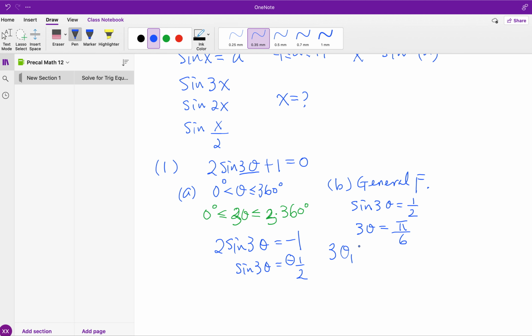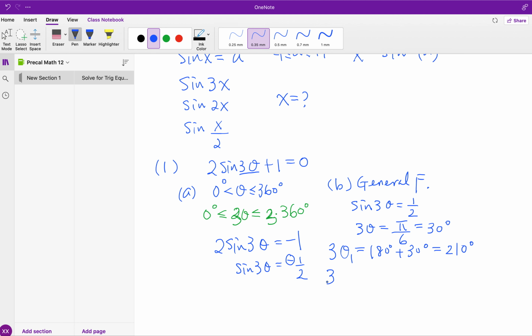It will be in the third and fourth quadrants. Perhaps we just use degrees. Okay, so the reference angle here will be 30 degrees. Then this will be 180 degrees plus 30 degrees. That is my 3 theta 1.